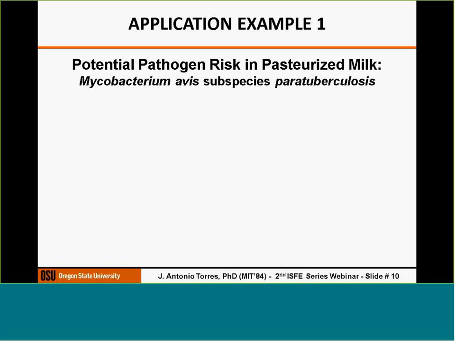About 10 years ago, we had a lot of research on this pathogen, Mycobacterium avium subspecies paratuberculosis, and we were concerned about its potential presence in milk for the consumer.